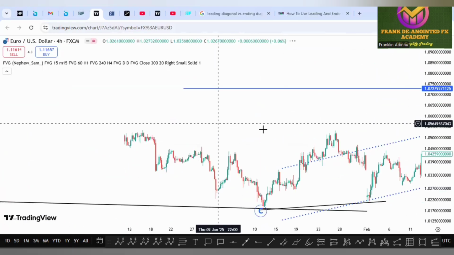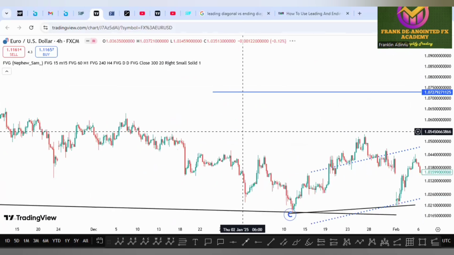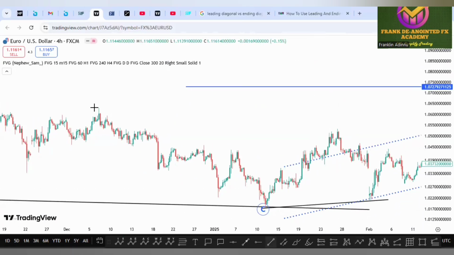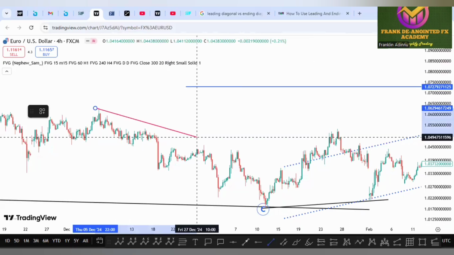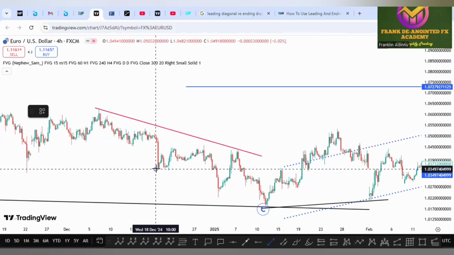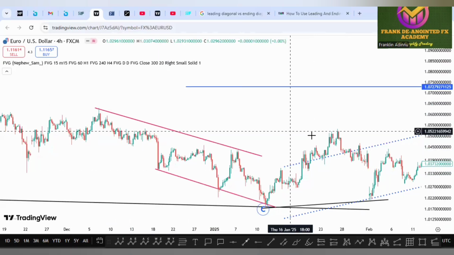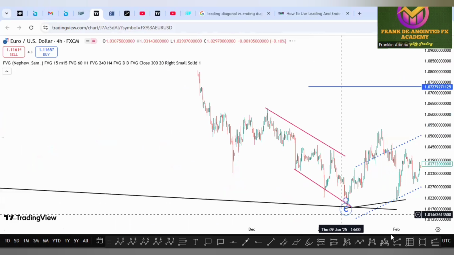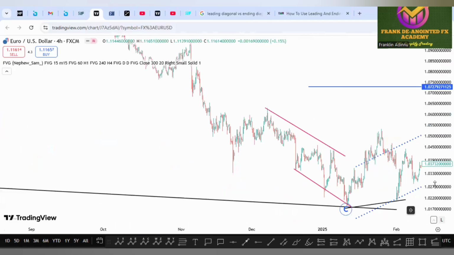This is an ending diagonal. I hope you guys can see it practically. Do you see that? It's exactly this picture of an ending diagonal. Look at the trend.